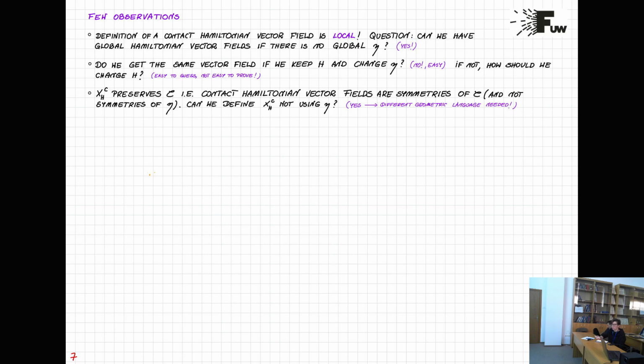So we would like to have a better language to describe Hamiltonian vector fields in a way that we would understand the relation between Hamiltonians and Hamiltonian vector fields better without doing tedious calculations, and to really be able to define them without using the contact form, which is local. And this is the task for the next lecture. Thank you very much for now.